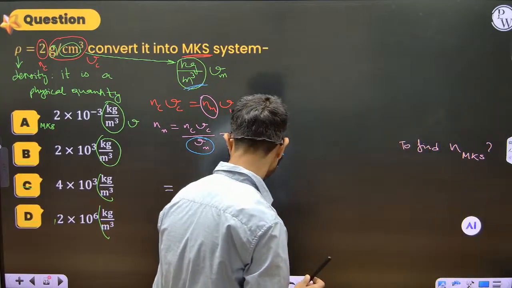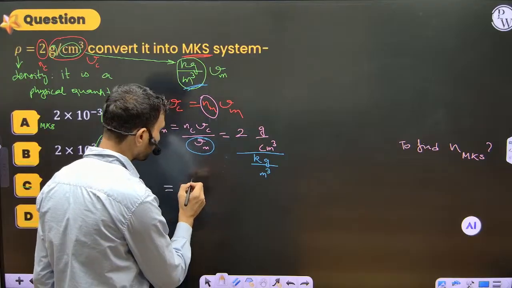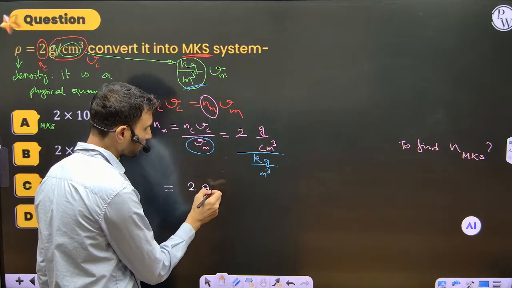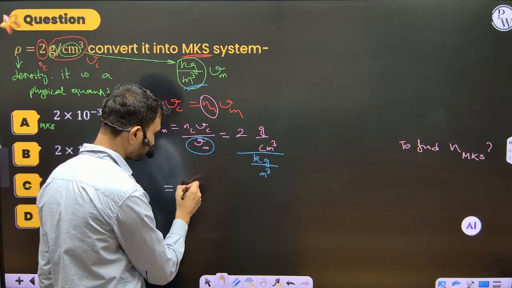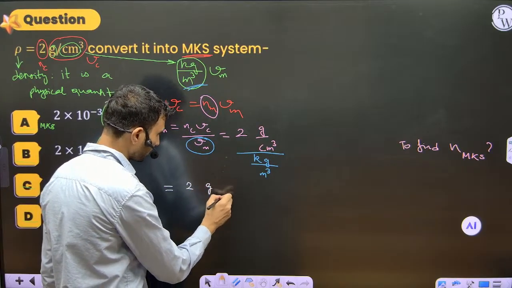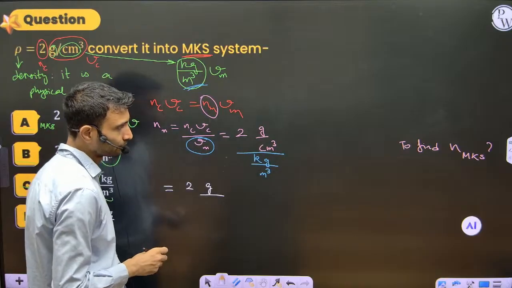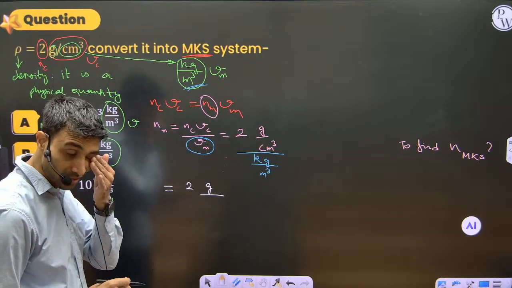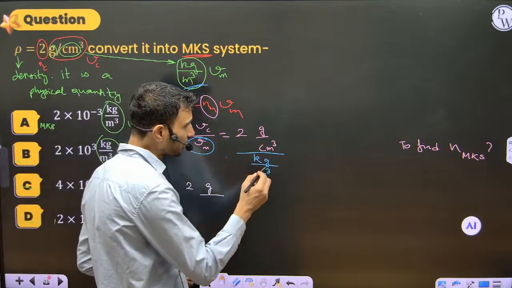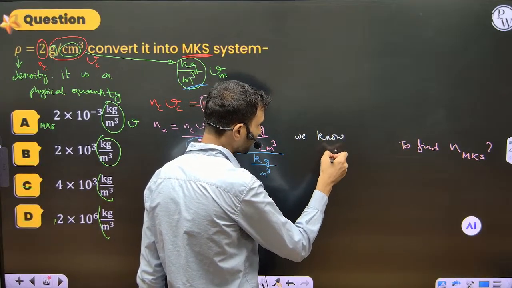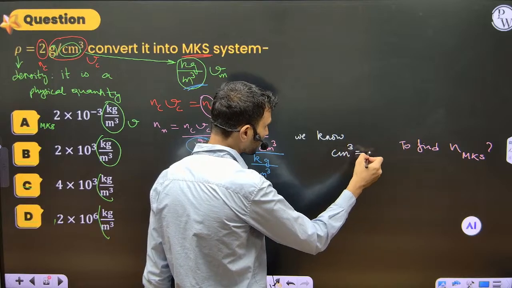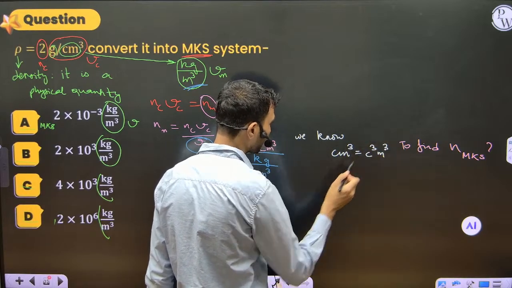So this will be 2 gram per centimeter cube, and we know centimeter cube is, as I just told you, centi cube into meter cube.